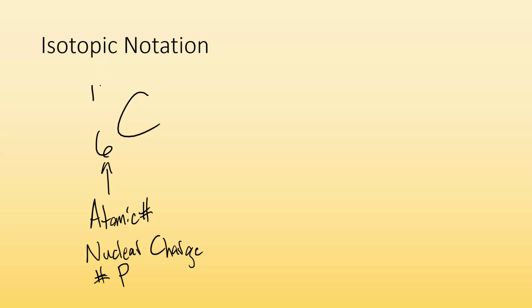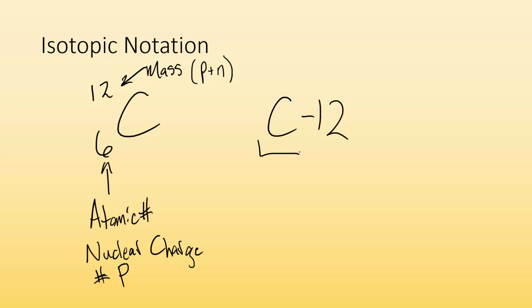Up here is the mass, and the mass is from the protons and the neutrons. So there's two ways that we can write different isotopes. We can write it just like this, or we can also, shorthand, just go C-12, because that's the element, which tells us how many protons there are, and then this 12 is just telling us the mass. So it tells us which isotope we're talking about.